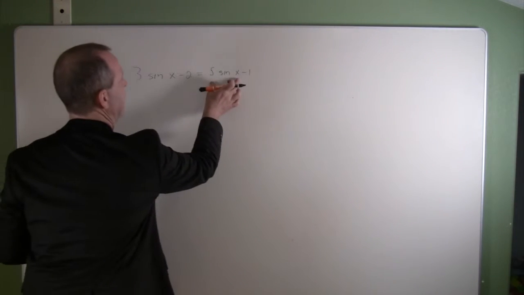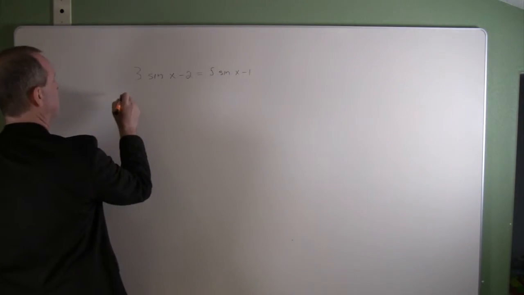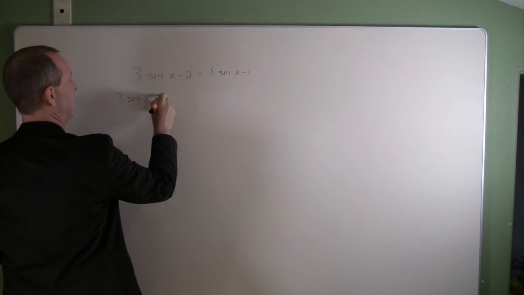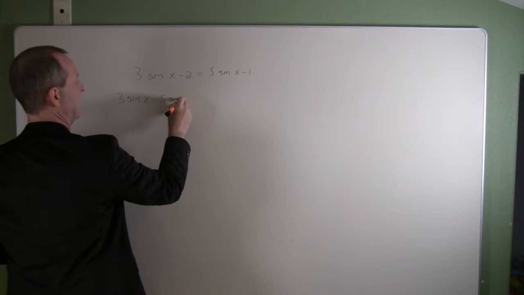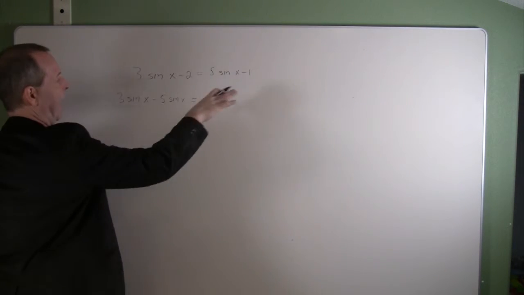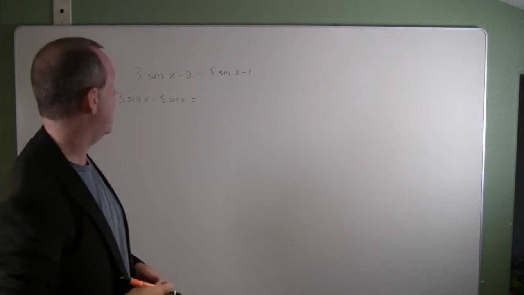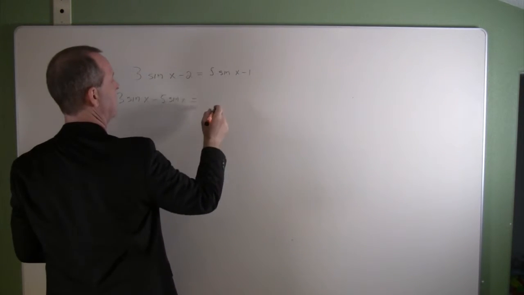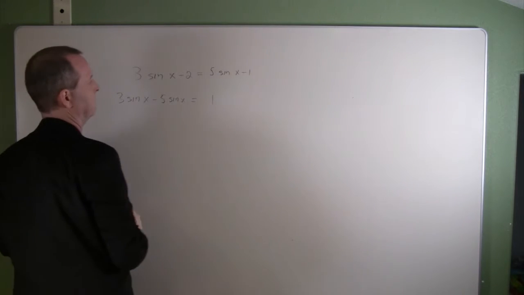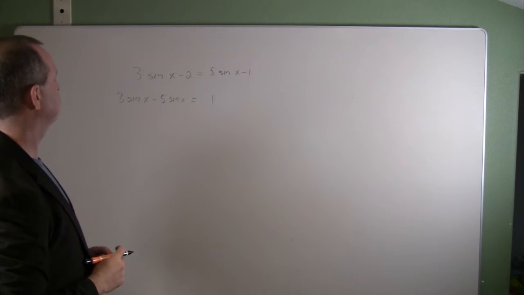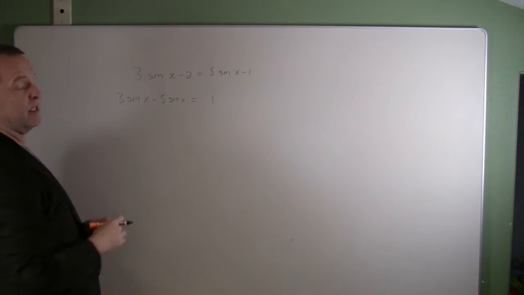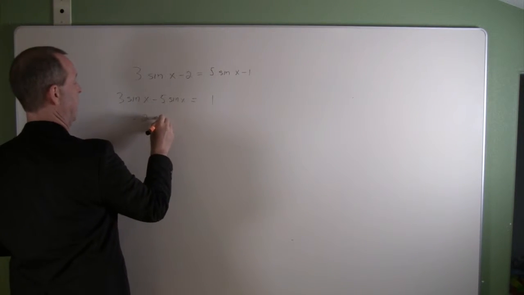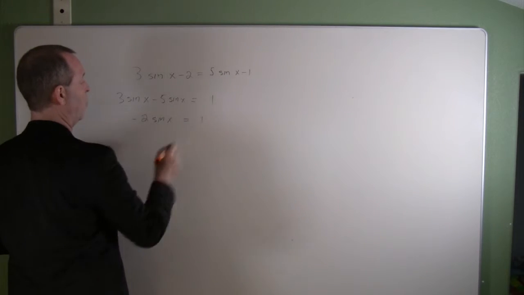So let's subtract 5 sine of x from both sides. So I have 3 sine of x minus 5 sine of x. I'm going to add the variables to the right side. So I'm going to add 2 to both sides, and so minus 2 gives me a positive 1 on the right side. 3 sine of x's minus 5 sine of x's gives me negative 2 sine of x's equals 1.